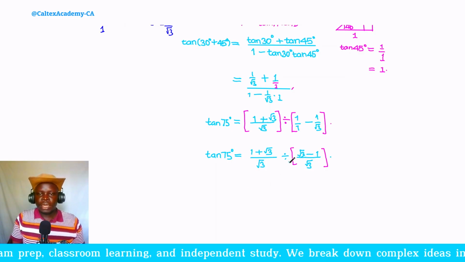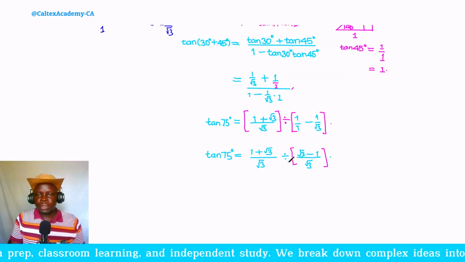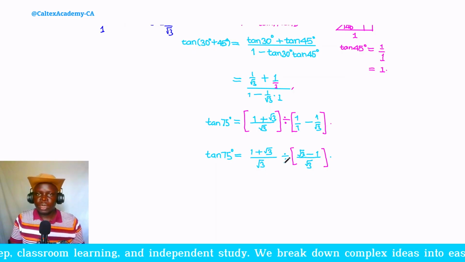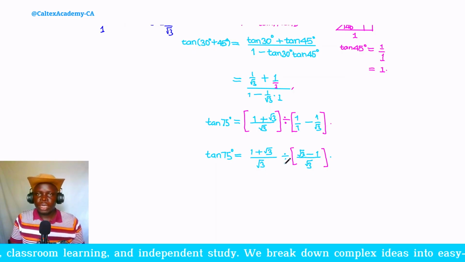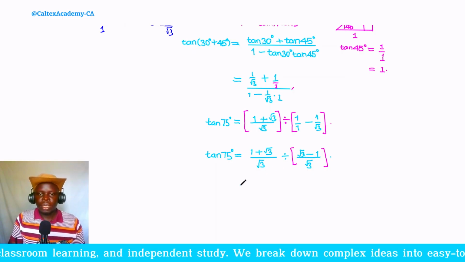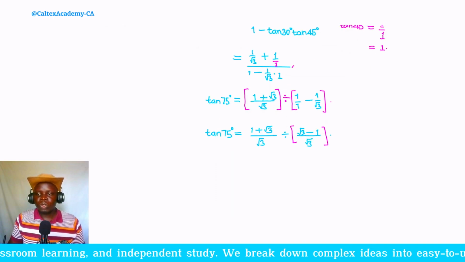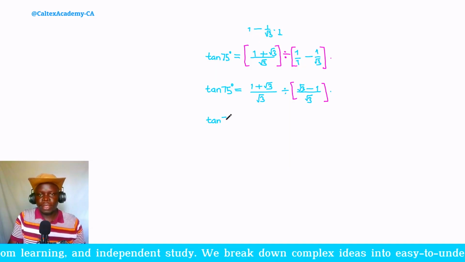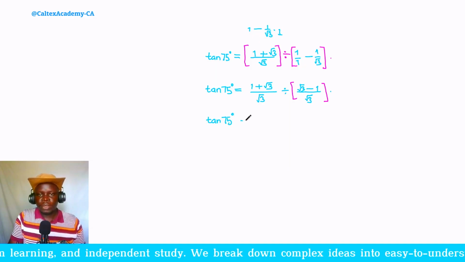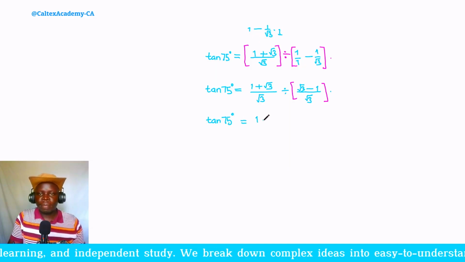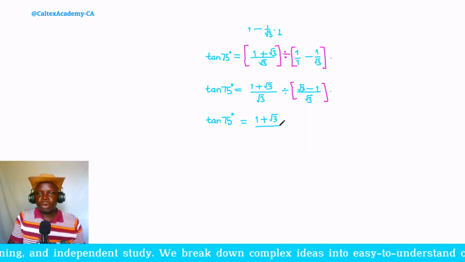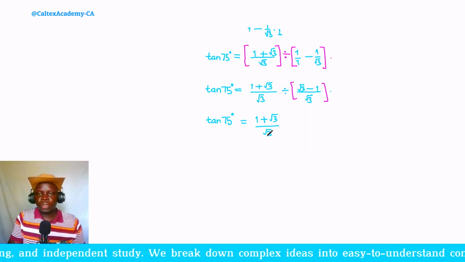So from here we can interchange this sign of division by multiplication. And remember, once we're doing that interchange, we have to alter the numerator and the denominator. Therefore, we need to also maintain our angle tan of 75. So tan 75 is equivalent to, the first term remains the same, that is 1 plus root 3 all over root 3.